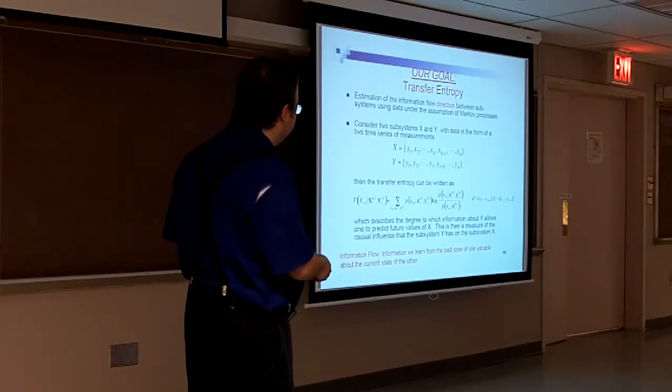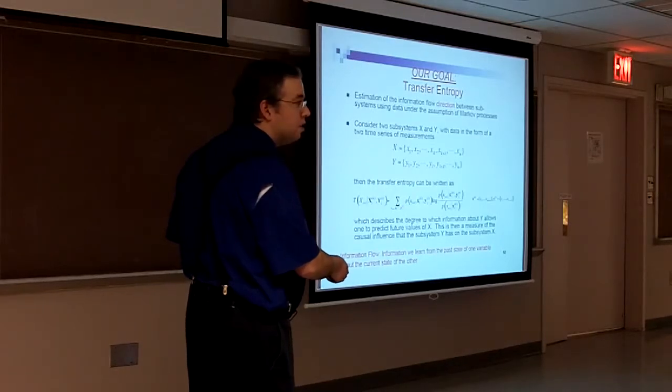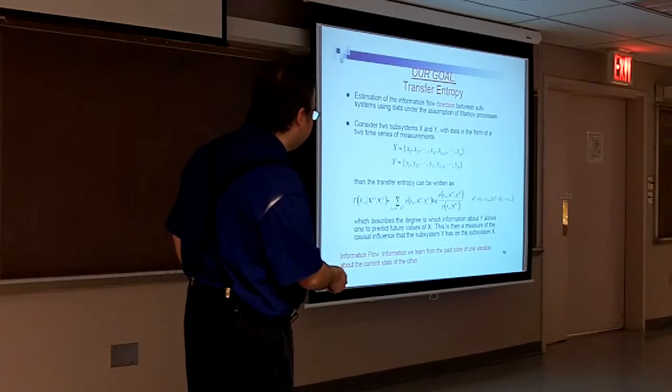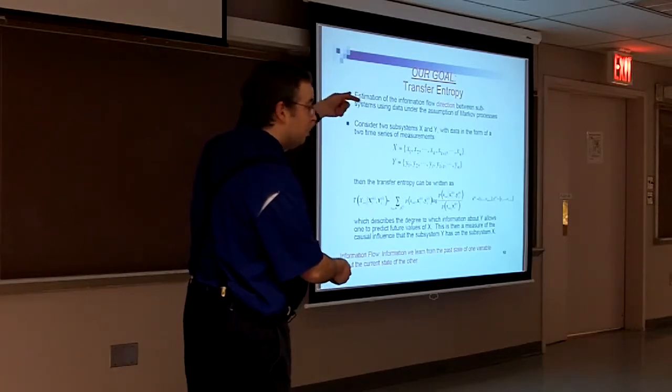The transfer entropy is defined by this Kullback-Leibler divergence. If you look at it, in the numerator x_{i+1}, which is the future value, depends on its past k values.